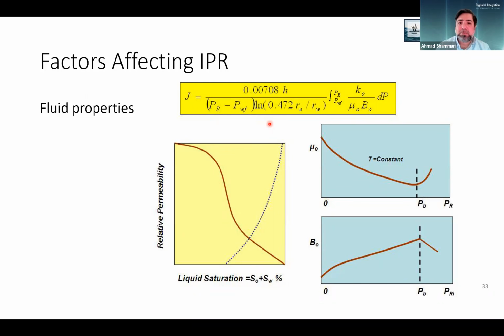You'll notice that, for example, if you're using productivity index, normally these properties will not affect the PI because you just entered one number. But if you use, for example, a horizontal IPR, or a Darcy method or any analytical methods, then you will notice that the IPR will change based on the fluid properties.